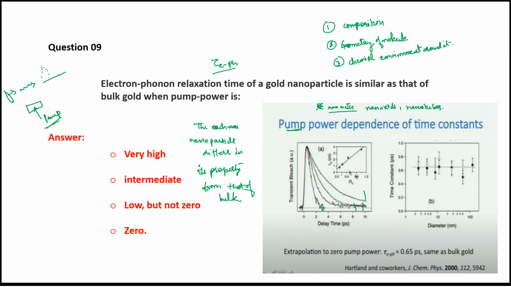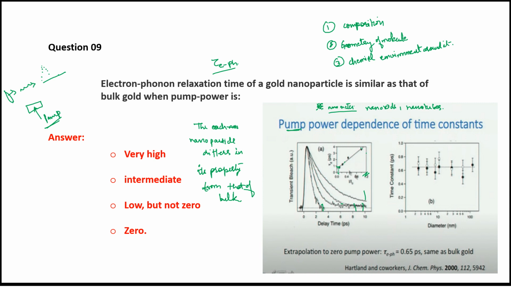As the pump power is increased from 0 to 1.2, as shown in the inset image, there is an increase in the relaxation time. Say this one is around 0.8, then it further shows an increase to a maximum value.